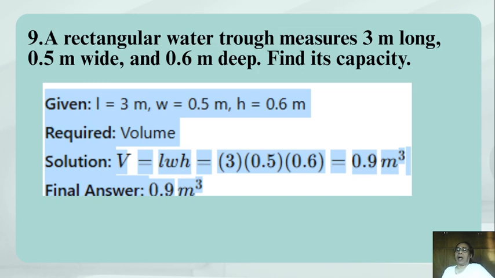So we are asked to obtain the volume. So the formula that we're going to use is V equals L times W times the height. And substitute the given data, the final answer is 0.9 cubic meter.